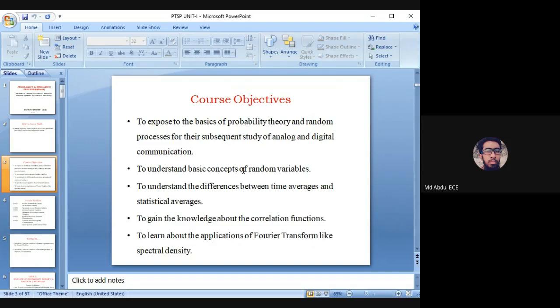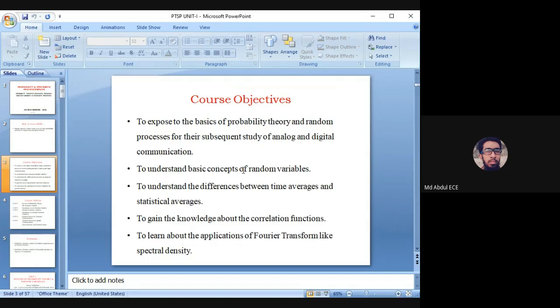The first course objective, if you observe here, is to expose the basics of probability theory and random process for their subsequent study of analog and digital communication. In simple words, we'll be studying the probability theory basics and random variable basics in the first unit of our syllabus.